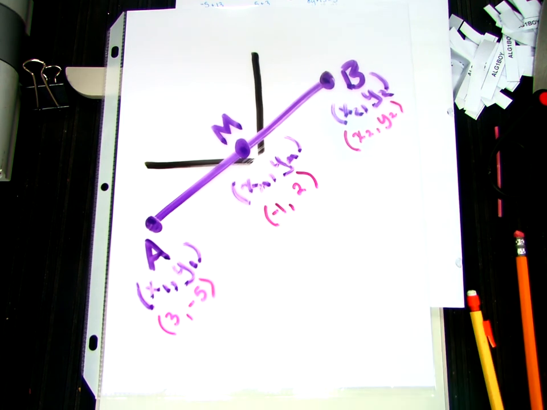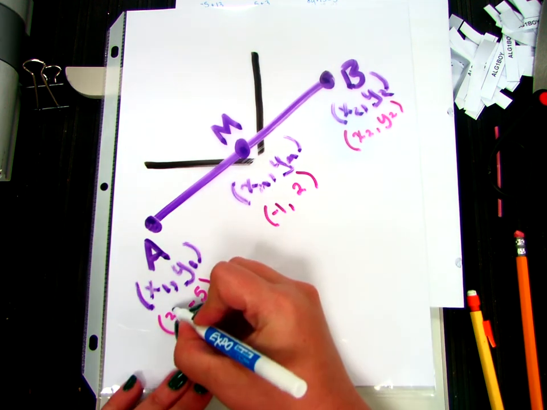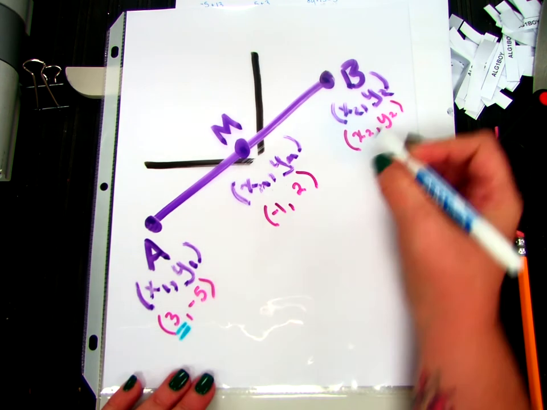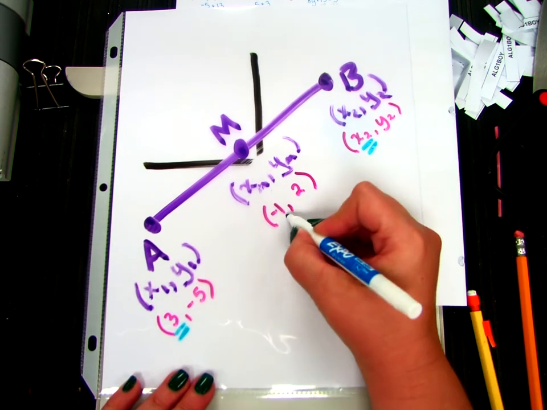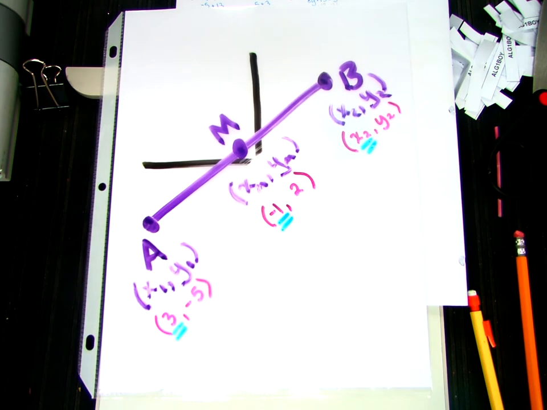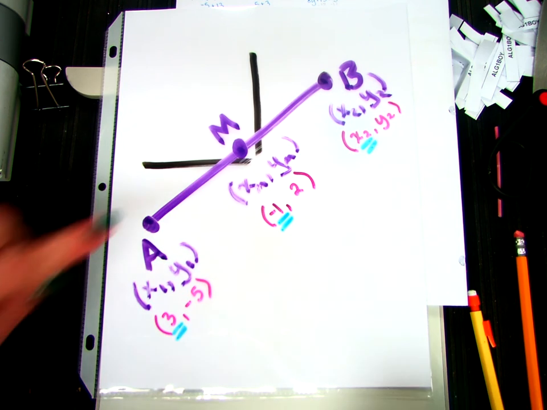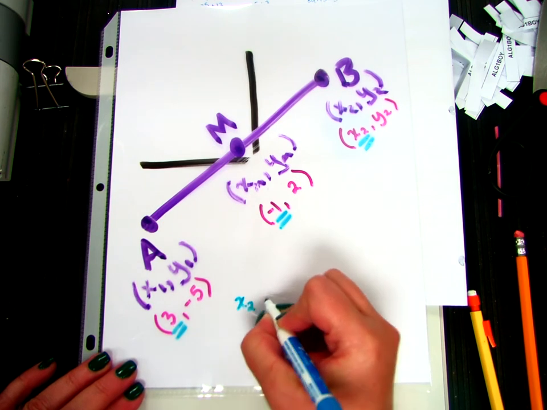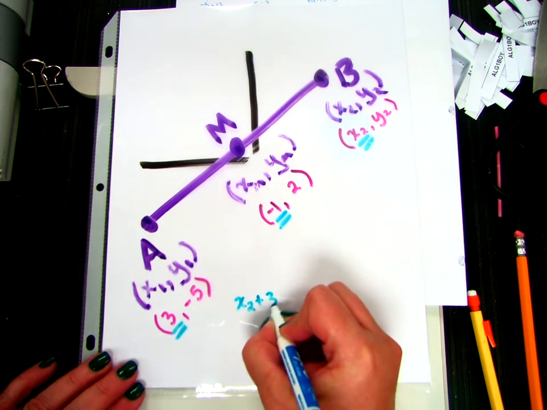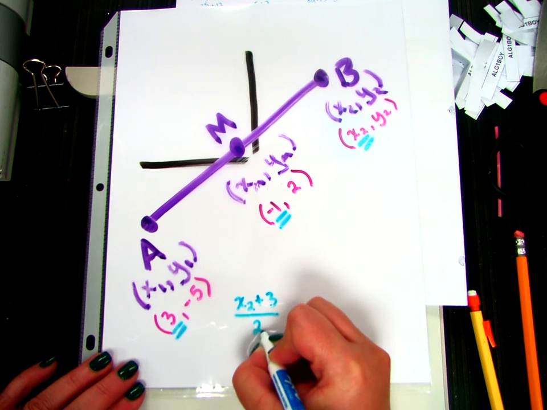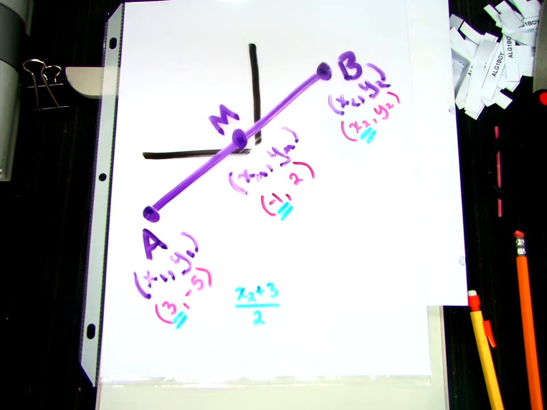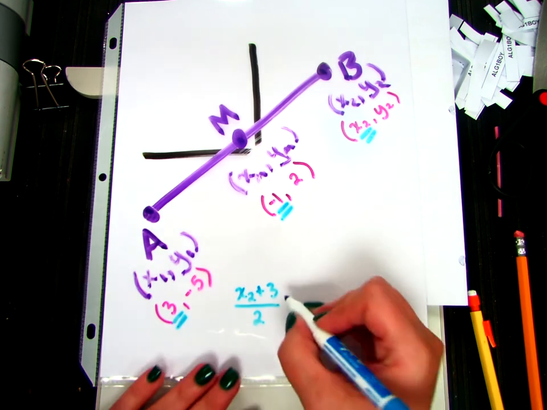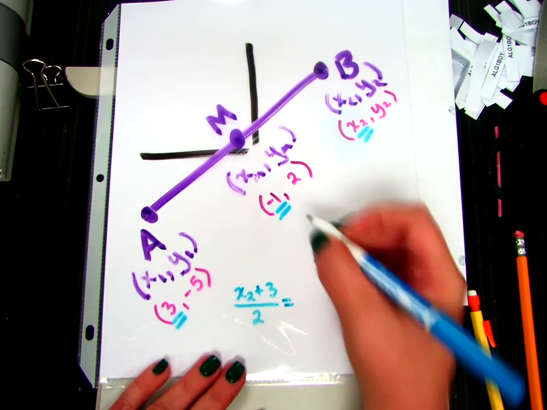So to average those two together, I'm going to have my x2 plus the 3 divided by 2. Right? You add them together and divide by 2. That's how you find the average. And that's going to equal negative 1.